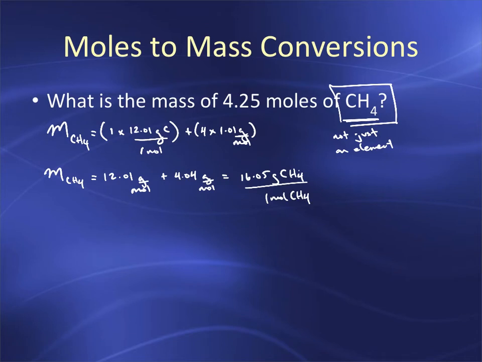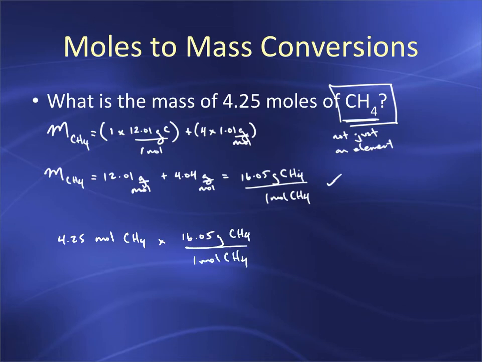So that's just the molar mass. So if you get a compound, we have to add up all of the elements and how many we have of it to get the molar mass. Well, then it's just the original problem that we were doing before, 4.25 moles of CH4 times 16.05 grams of it for every 1 mole of it.